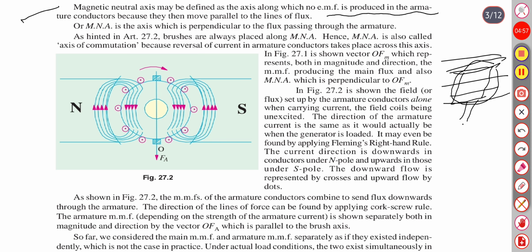Hence, MNA may be defined as the axis along which no EMF is produced, or MNA is the axis which is perpendicular to the flux passing through the armature.